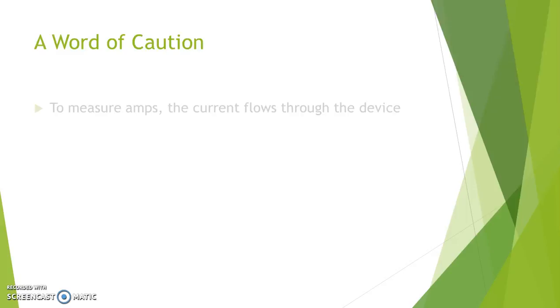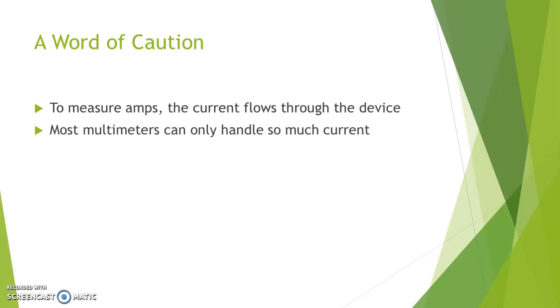Maybe for some of you, that makes you a little nervous, the idea that all this current is running through the multimeter. In fact, it is worth talking about for a second. Since the current flows through the device, there's an issue that if there's too much current through the device, it can actually damage it. So a multimeter on its lowest current setting has a fuse to protect it.